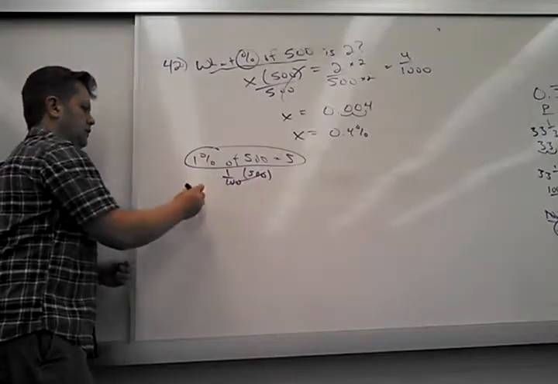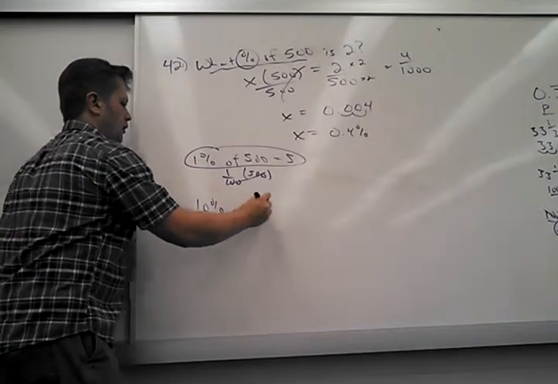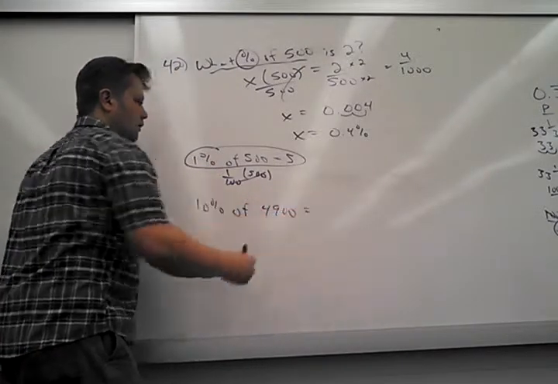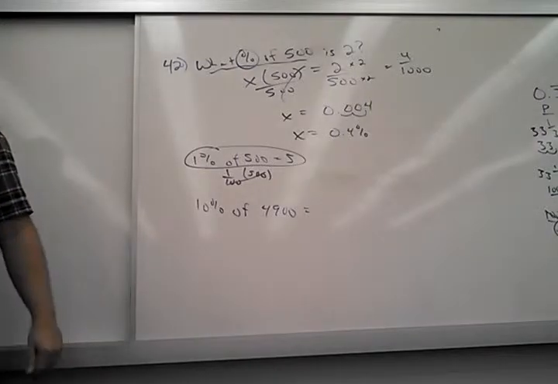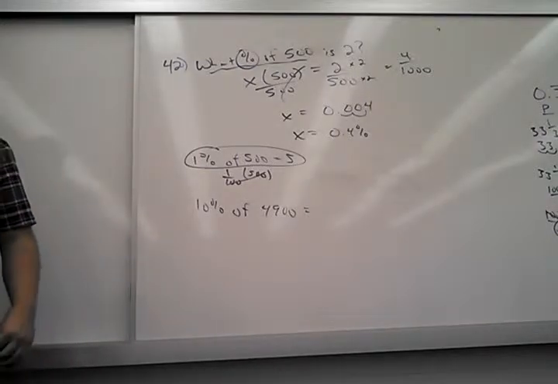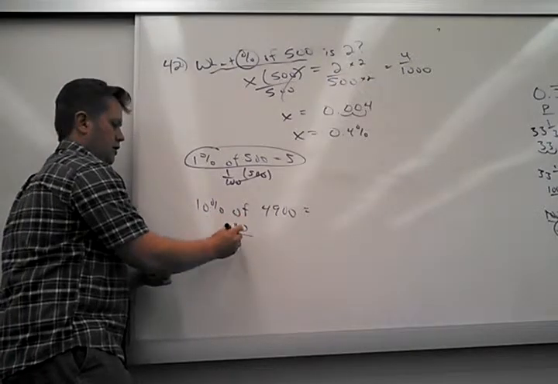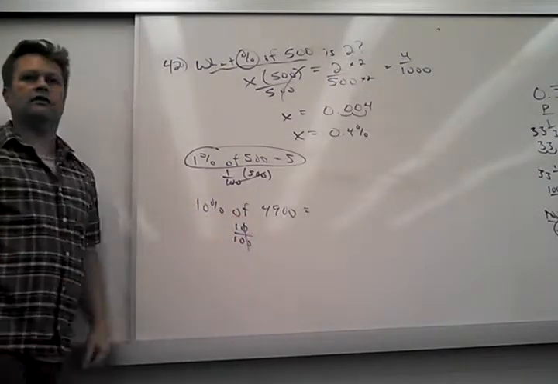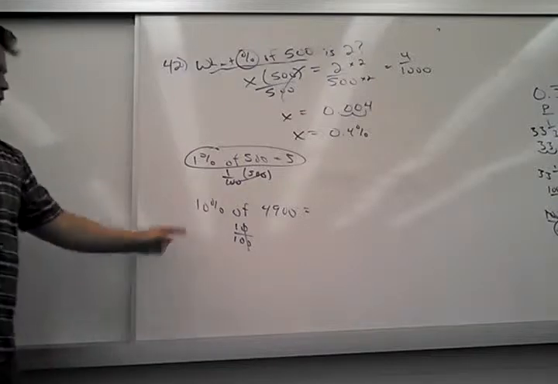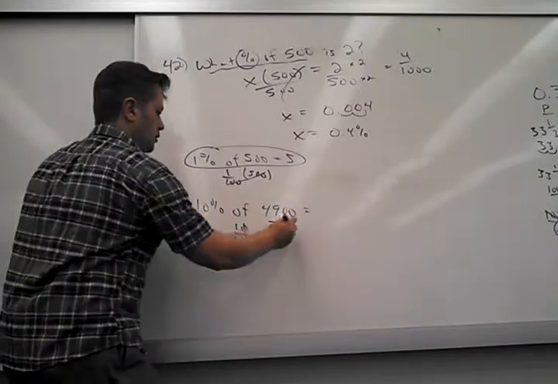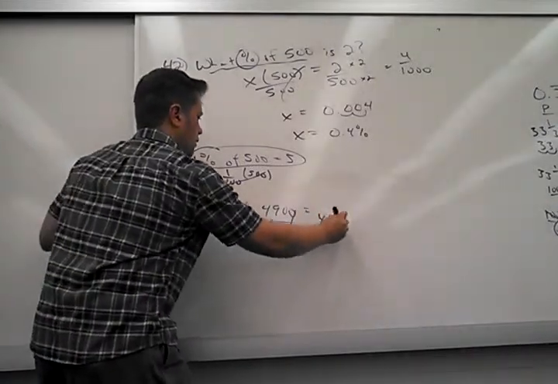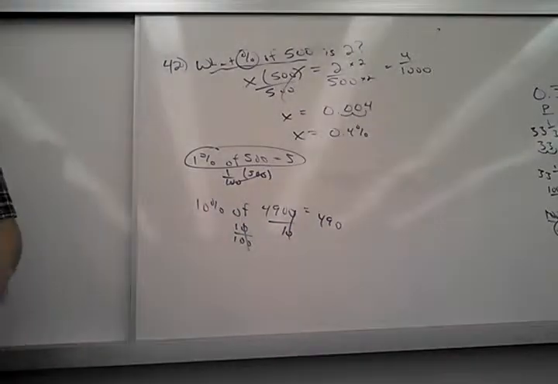If I wanted 1% or 10% of 4,900, who knows what that would be? 490. Exactly. What is 10%? It's 10 out of 100, so it's actually 1/10 of something. So 1/10 of 4,900 would be 490. Does that make sense?